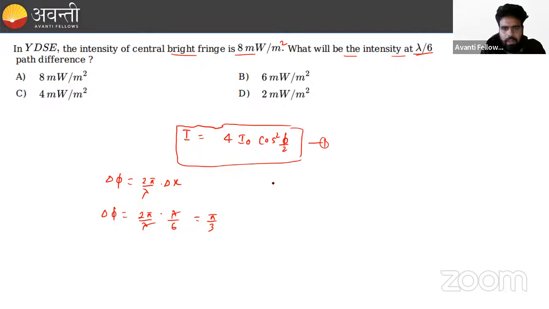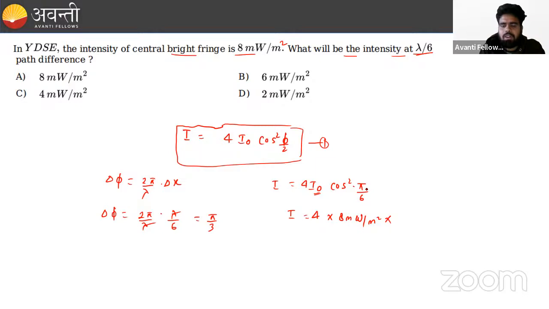If we put this value here, what is the value of I? That is 4I naught cos square of pi by 3 by 2, that is pi by 6. And we can say that 4I naught is the value of the central bright fringe, that is the maximum intensity given in the problem, 8 milliwatt per meter square.